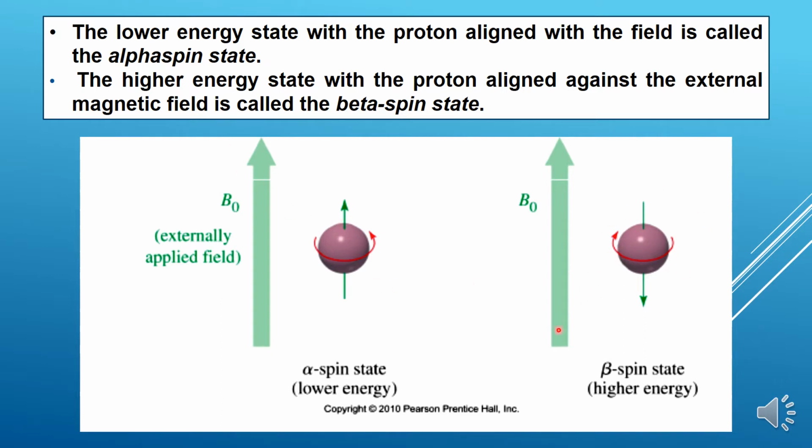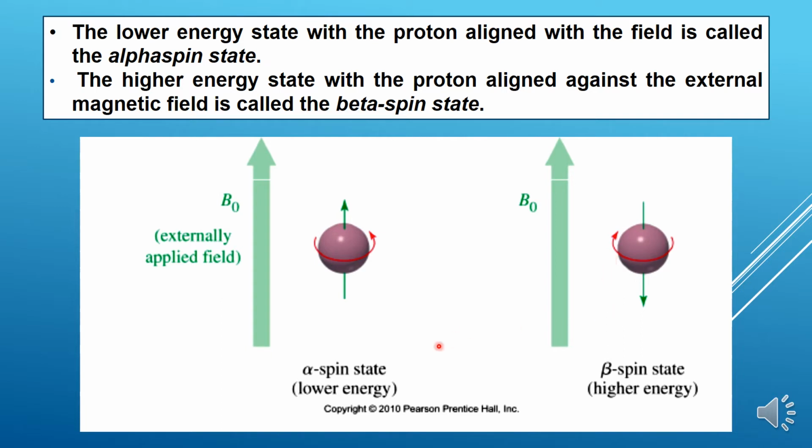Here the direction of the applied field is upward and the direction of nuclear spin is downward. These two are opposite each other, isn't it? So flipping the nuclear spin needs much more energy than being aligned parallel with the applied field.